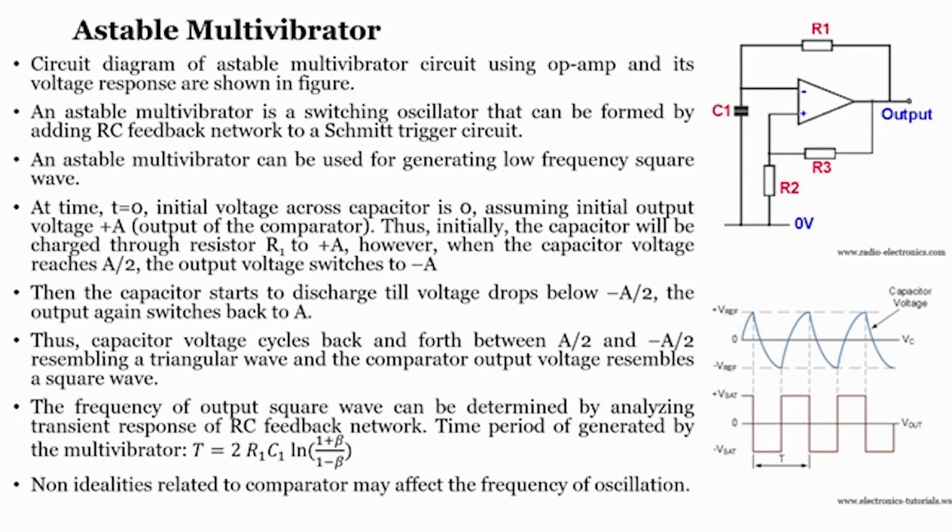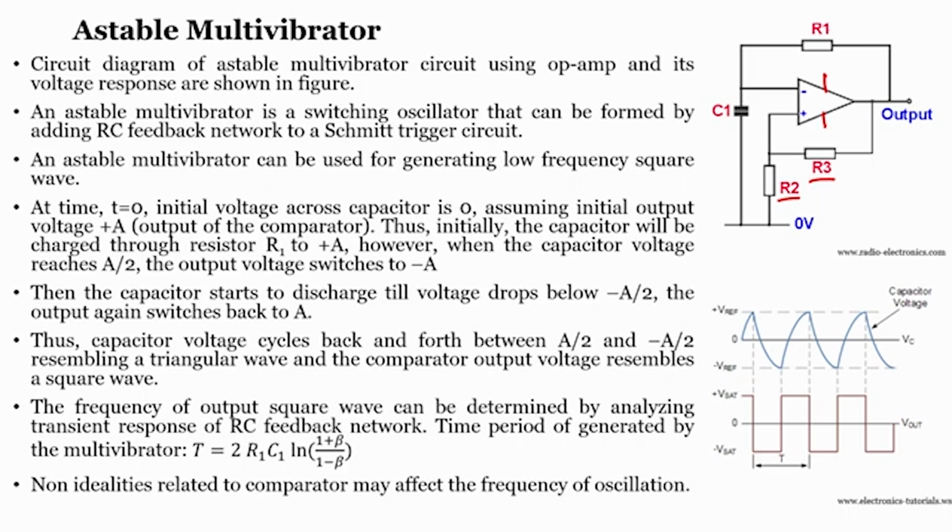Now, if you recall what we discussed in our inverting Schmitt trigger, the thresholds required for the Schmitt trigger depend upon the positive VSS and negative VSS, the supply voltages of the operational amplifier, and the resistances that we are using, the feedback resistance and the input resistance connected to the positive terminal of the op amp.